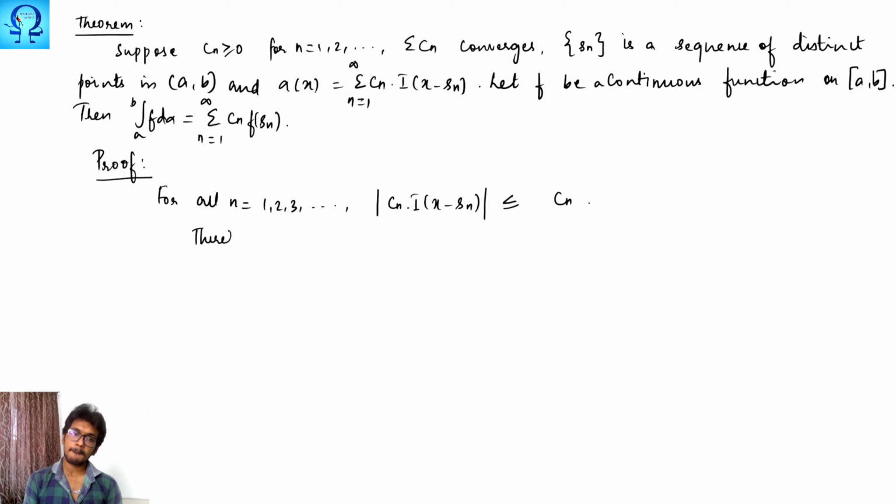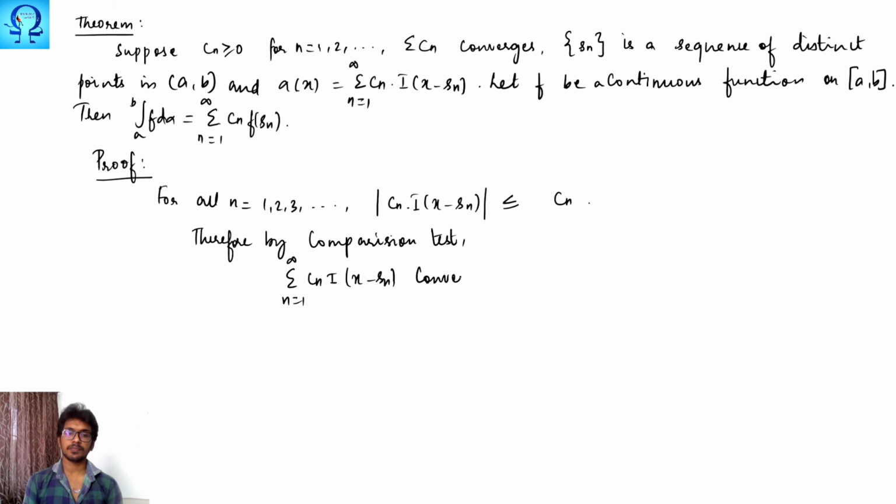Therefore, by comparison test, summation n runs from 1 to infinity cn I of x minus Sn converges, since summation n runs from 1 to infinity cn converges. Because of the convergence of summation cn, this one converges, right? Whether you have absolute sign or not, there is no bother.